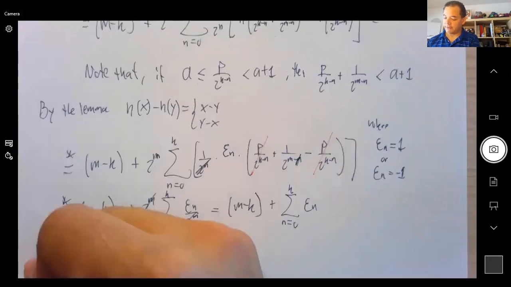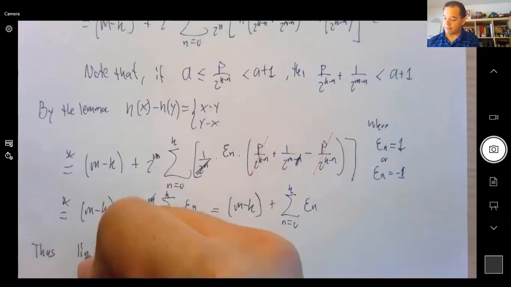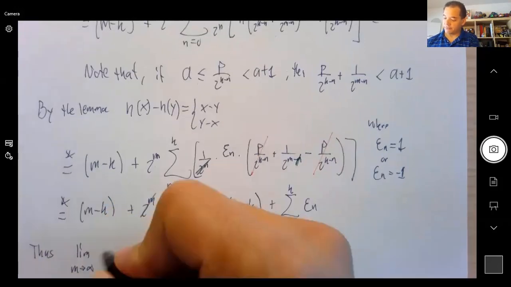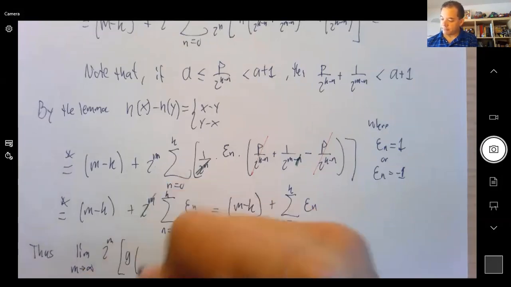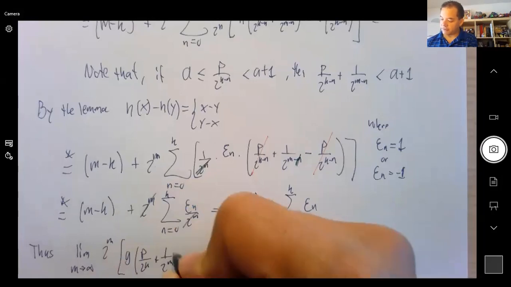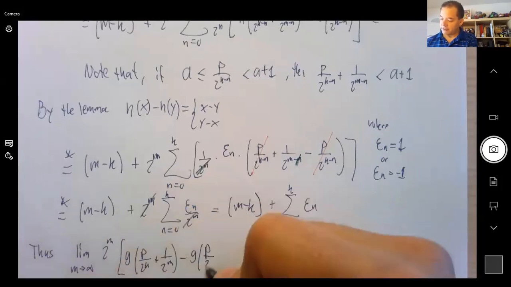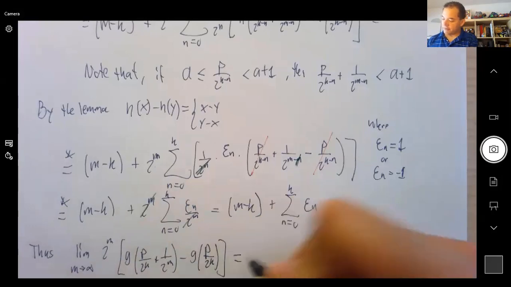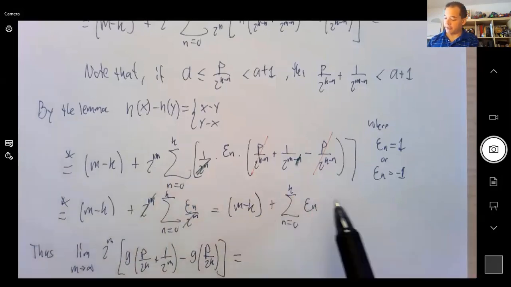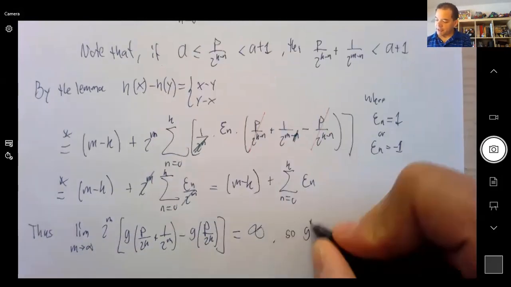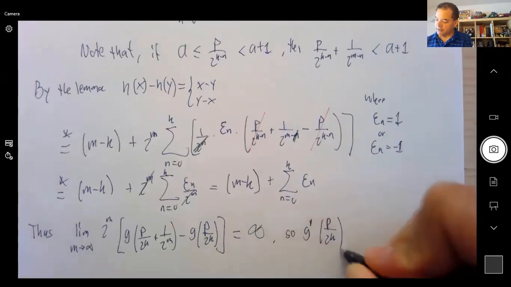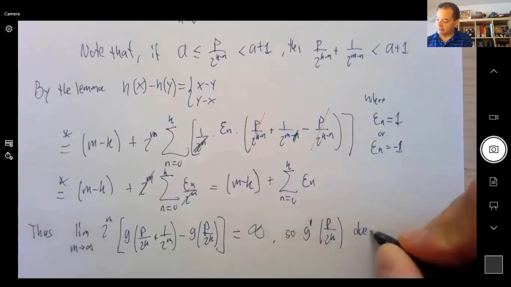So thus, the limit when m goes to infinity of 2 to the m times g of p over 2 to the k plus 1 over 2 to the m minus g of p over 2 to the k is this constant that we don't care about and this number that goes to infinity. So it's infinity. So g prime of p over 2 to the k does not exist.